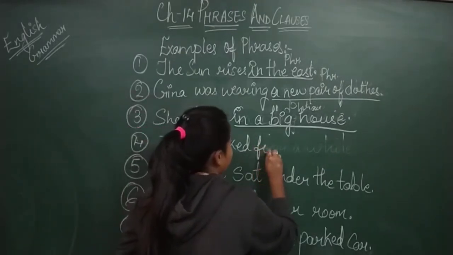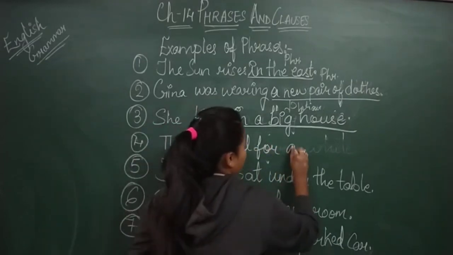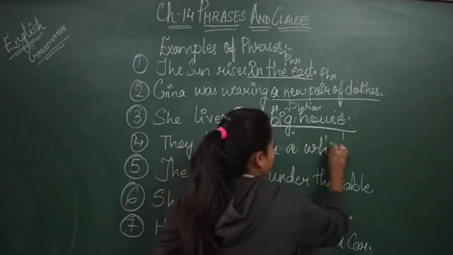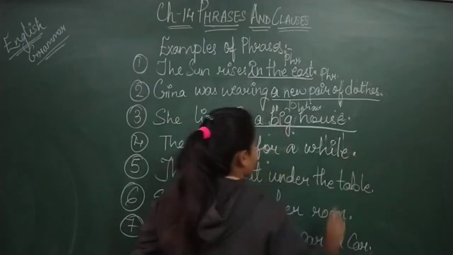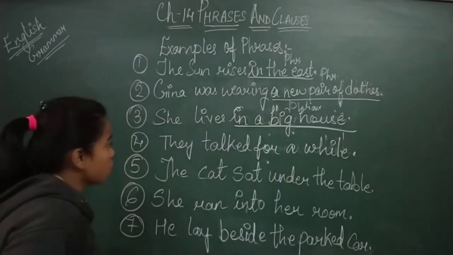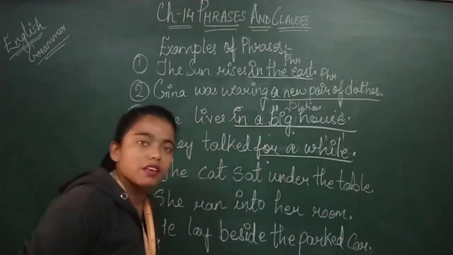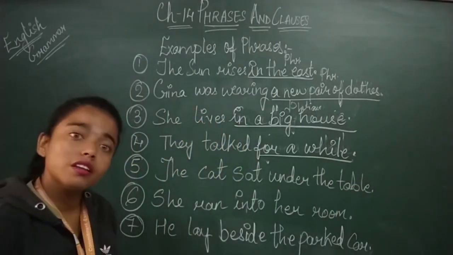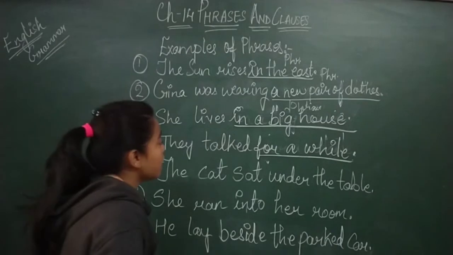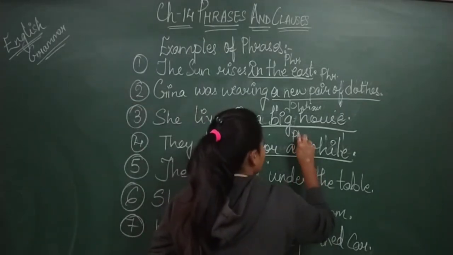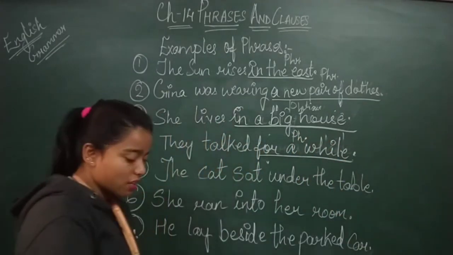So I will write, they talked for a while. So "for a while" is making a complete sense in this incomplete sentence. Yes, so it is a phrase, correct?